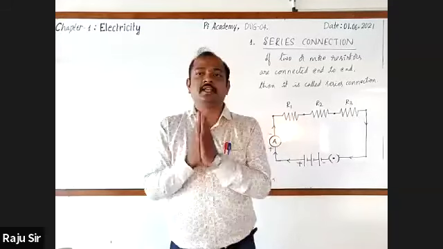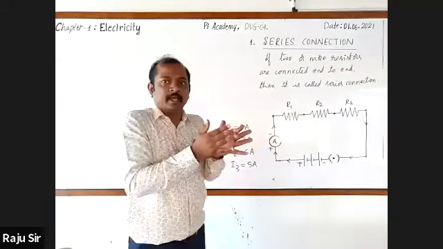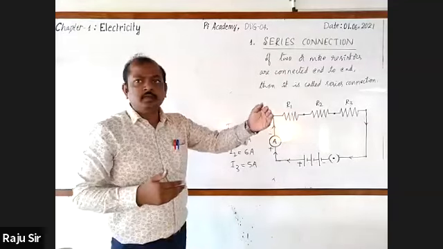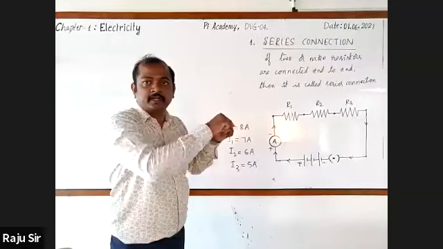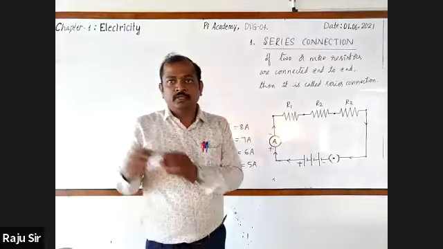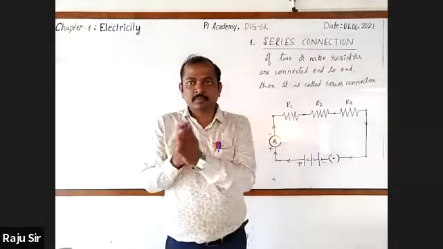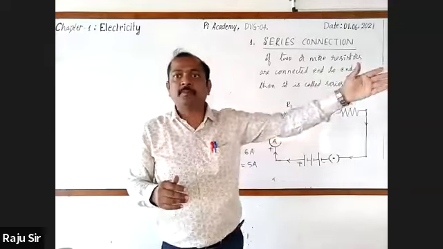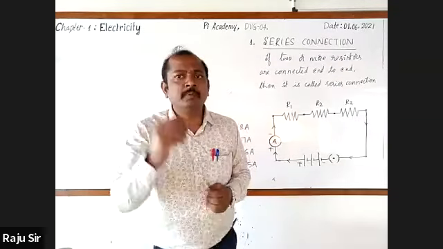In a very simple way, I'll give you one general example. Suppose, imagine that there is a road. On that road, you come across speed breakers, humps, every 20 meters. You are coming with some speed. As the number of speed breakers increases, what will be your speed?